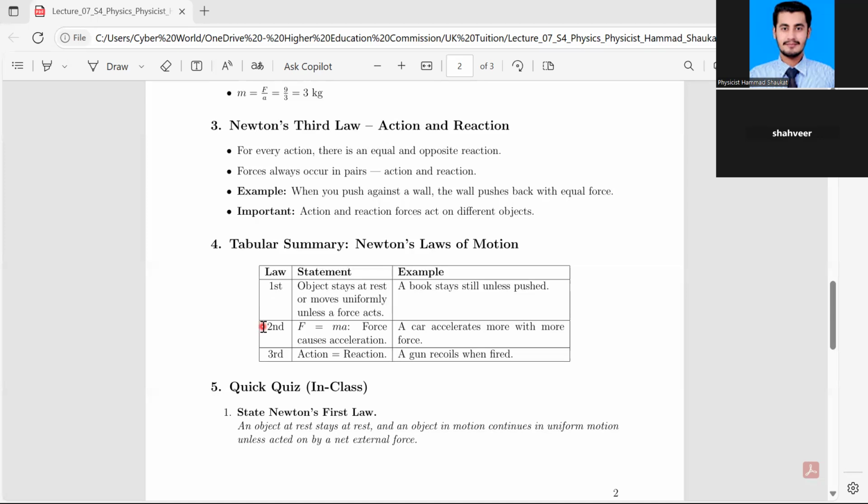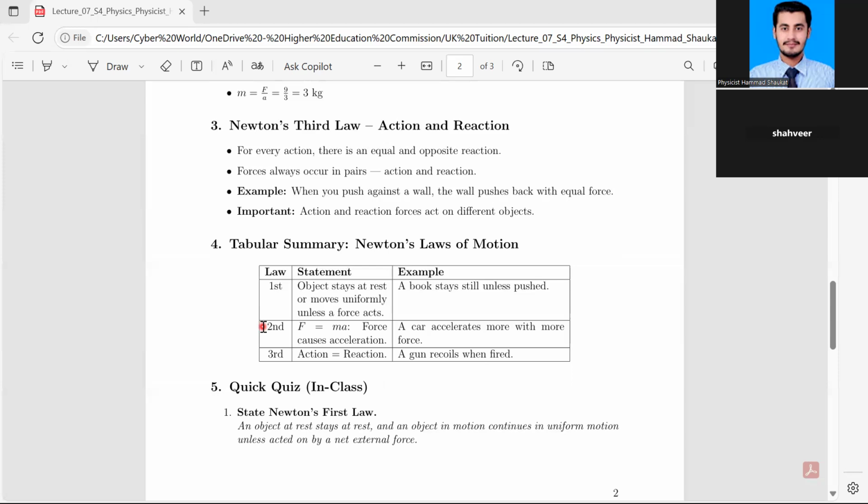So also can you tell me Newton's second law of motion? What it says? It tells us about two concepts: the acceleration is inversely proportional to the mass.